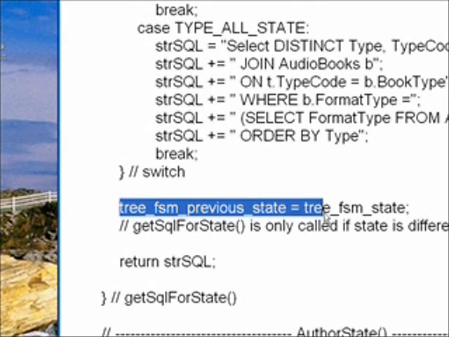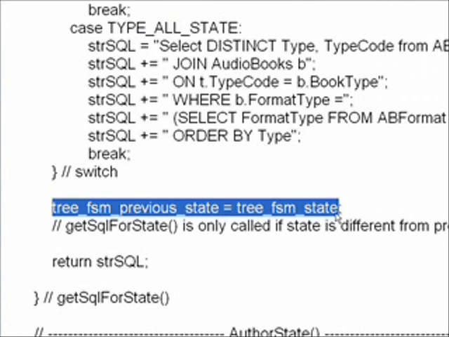Our calling routine is going to repopulate the tree based on the SQL we're returning, and the tree is going to reflect the way the radio buttons and the checkbox are set. So the radio buttons and the checkbox and the list in the tree view are going to be in sync.